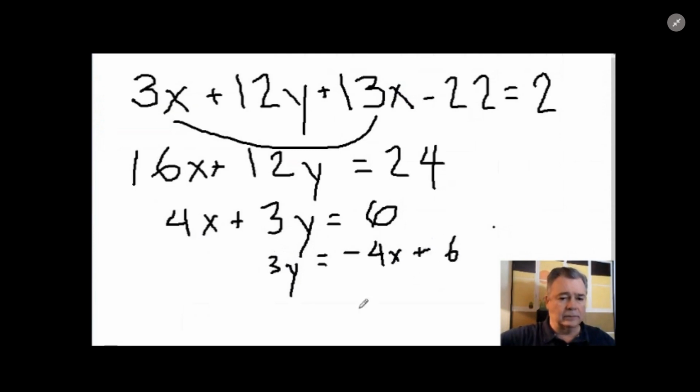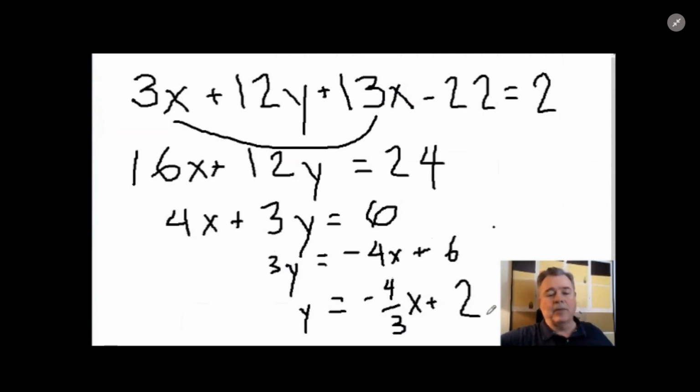And then we'll divide both sides of the equation by 3. And you should see that this y equals mx plus b format tells us here that the slope is minus 4/3.